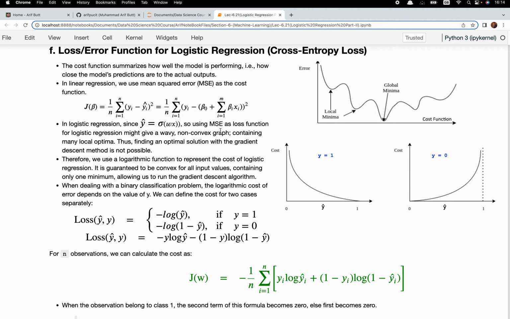We all know that a cost function actually tells us how well our model is performing, that is, how close the model's predictions are to the actual output. And in linear regression, we used mean squared error as the cost function, as shown over here where my mouse is hovering, which when plotted on a graph gives us, of course, a convex function.